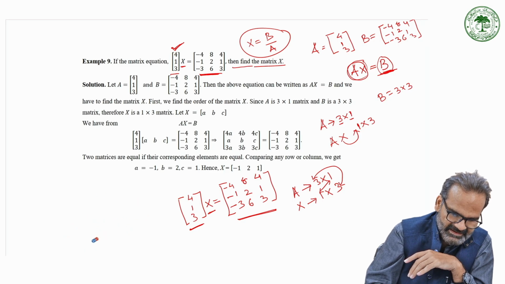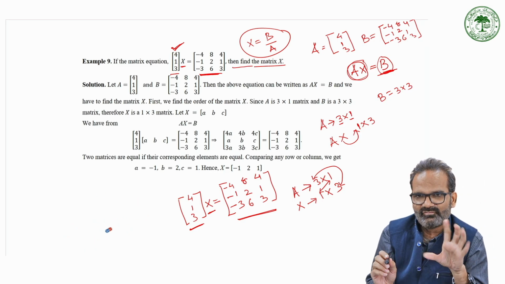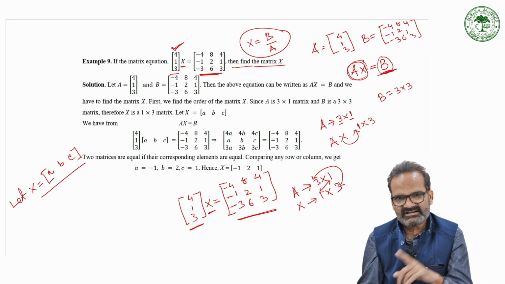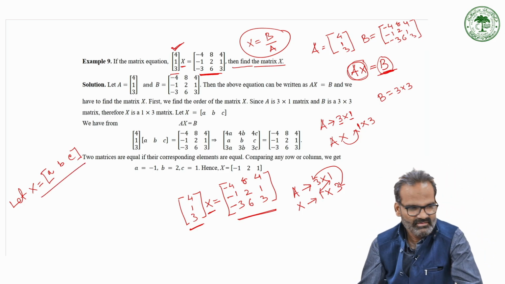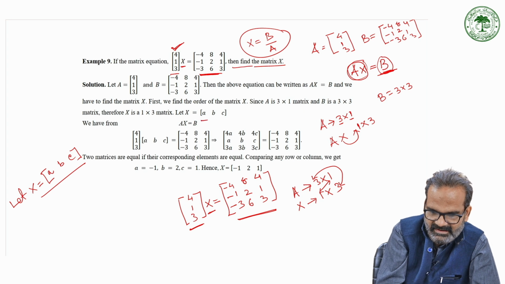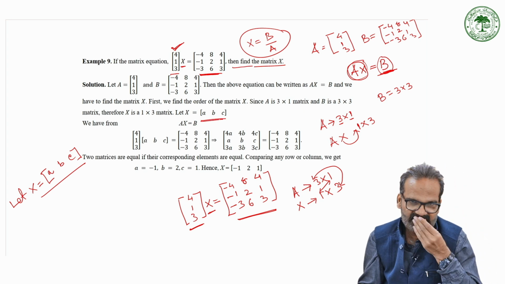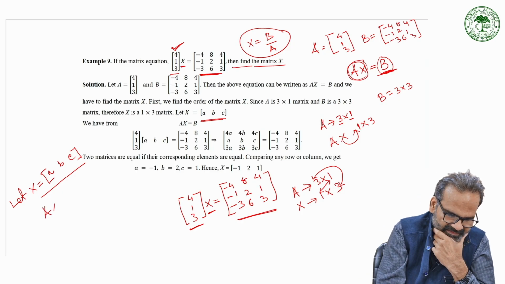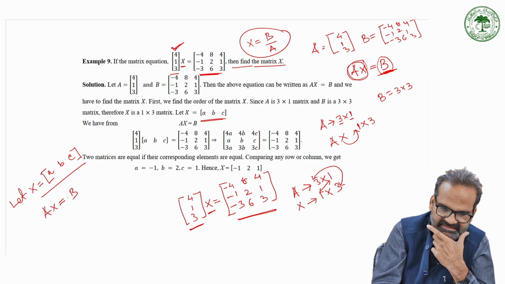So, let us take any matrix having 1 row and 3 columns. Let us suppose X is taken as a, b, c, right? This is a matrix which contains 1 row and 3 columns. So this we have taken as X, right? X is taken as a, b, c. Now, what do we do? AX is given as B. What is A?